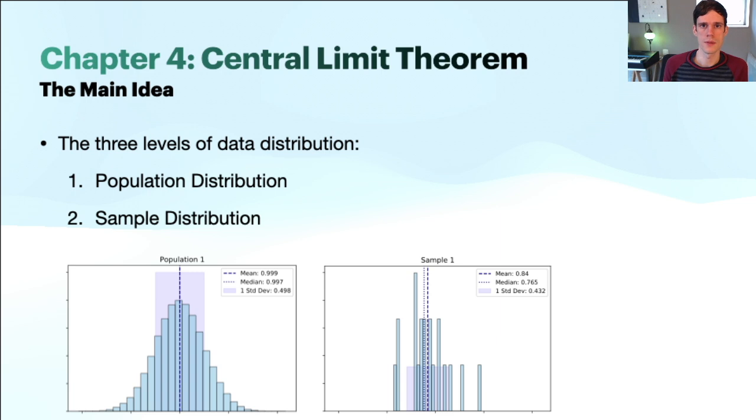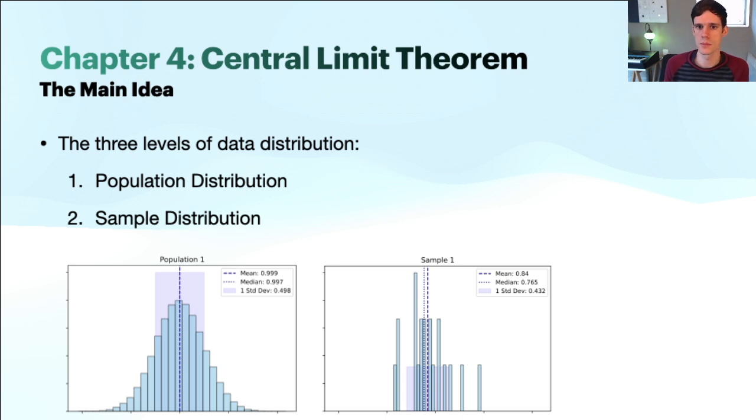The second level of distribution is the sample distribution. Now, remember, a sample is a randomly drawn subset from the underlying population, and therefore it has much less data points. Now, even though it has fewer data points, we can still bring them together in a histogram. And this histogram then showcases the distribution of our sample data. Now, as was the case for the population, the sample data also has some statistics attached to it.